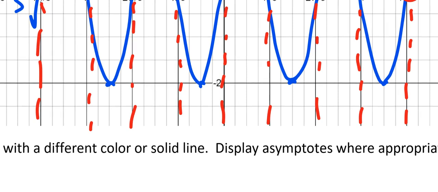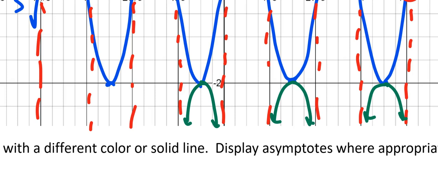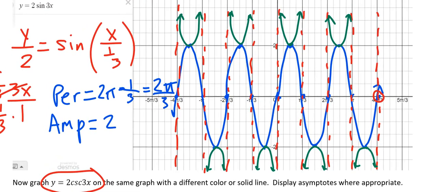Likewise, you're going to see the same types of things happen over here. Now, so what does the cosecant graph look like?